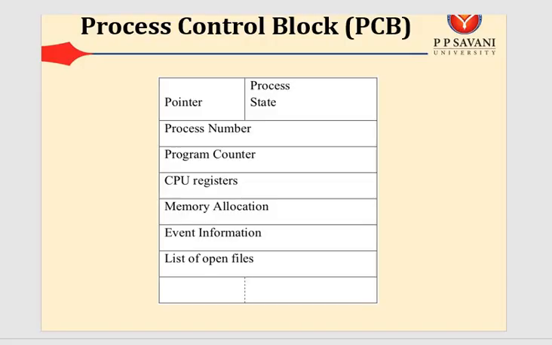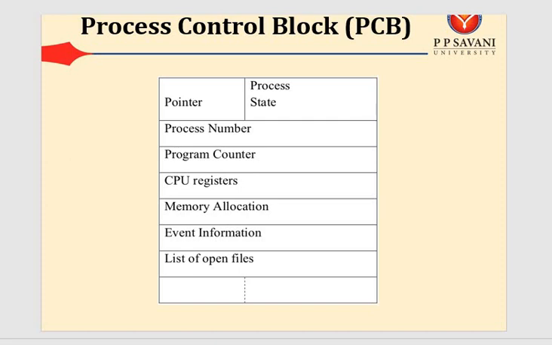This is a list of items that are stored in a PCB: pointer, process state, which we have already discussed, whether it has 5 or 7 states, so that information is also stored in a PCB. Others are process number, program counter, CPU registers, memory allocation, event information, and list of open files. Let's discuss each topic in detail.